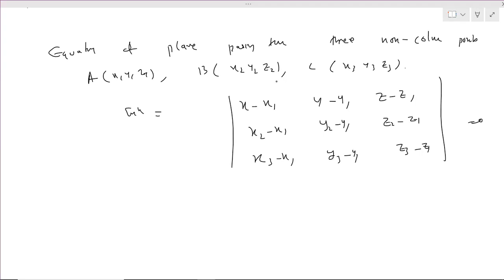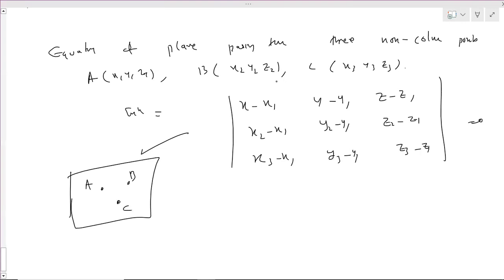If you do not remember this, then you can also derive this very easily using vectors. Suppose these three are points. I can join AC and BC. If I do AC cross BC, then I'll get the normal vector.